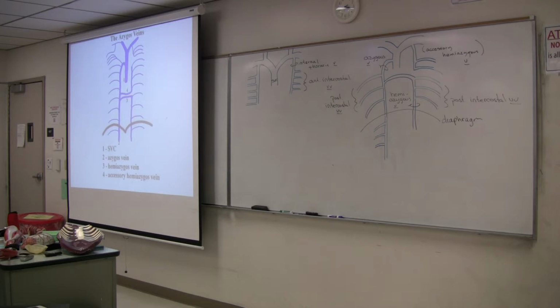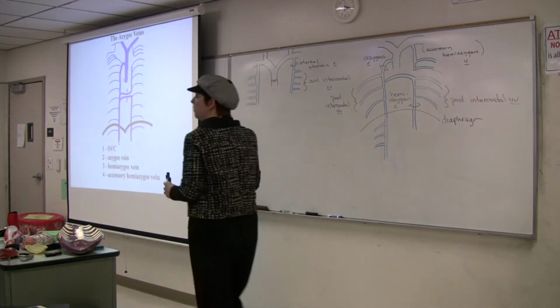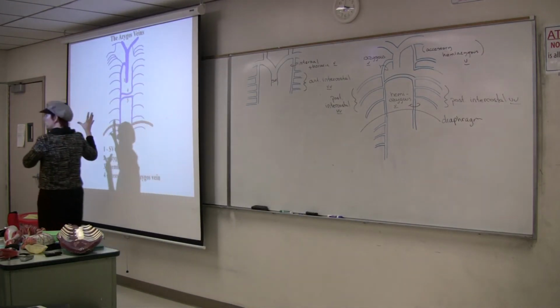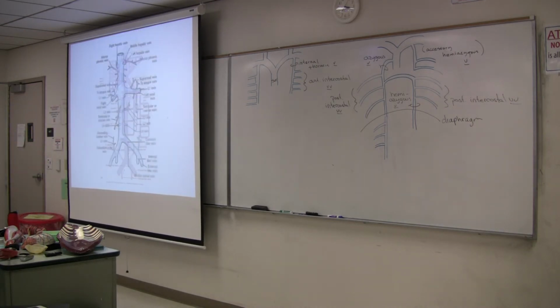And then here is your azygous. Okay, so these three vessels empty into the superior vena cava. Other than that short little piece of azygous vein, these can be seen on the wire models. This is posterior abdominal wall, so you need to look on the back of the wire model.